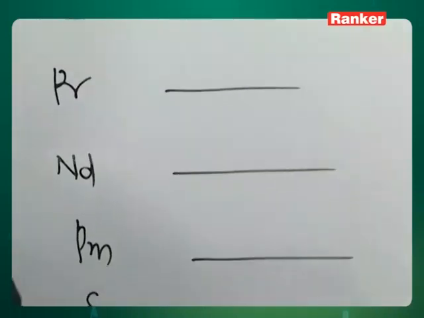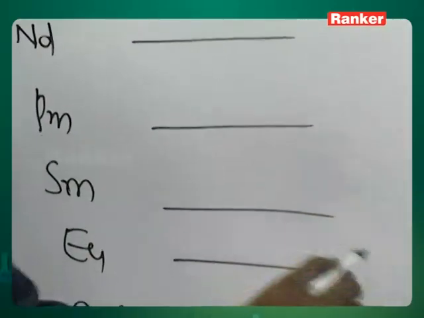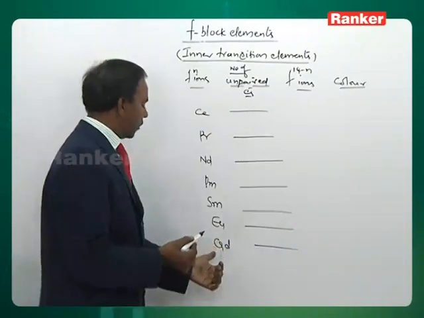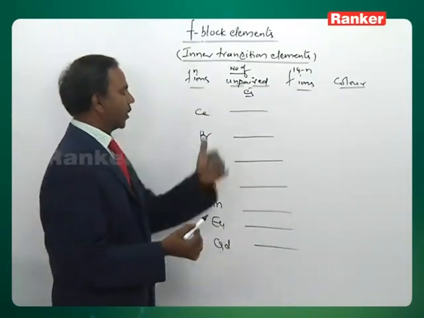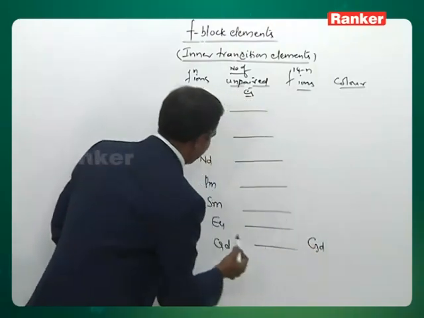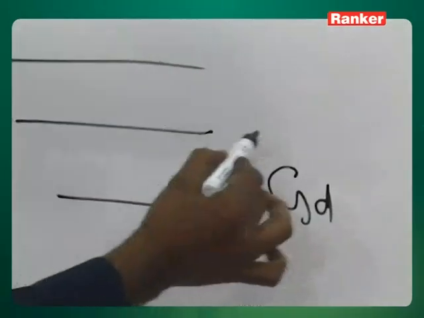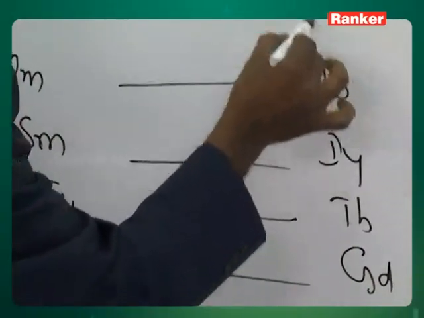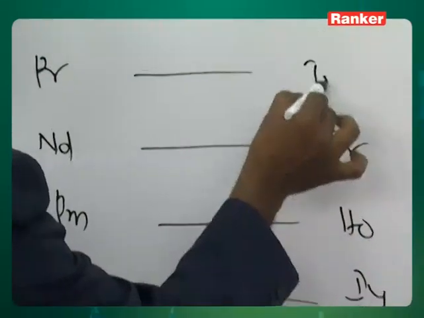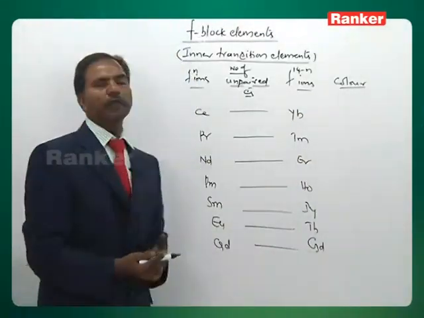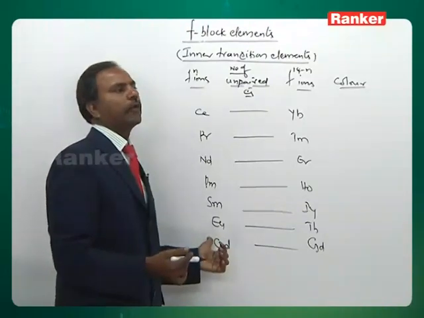Like this we can make 7 pairs of lanthanides. Again I am starting from the bottom going up: gadolinium, terbium, dysprosium, holmium, erbium, thulium and ytterbium. Like this all the 14 lanthanides we can make into 7 pairs.